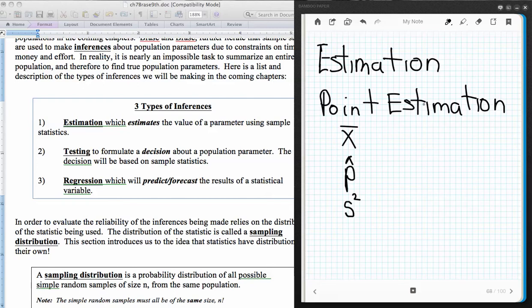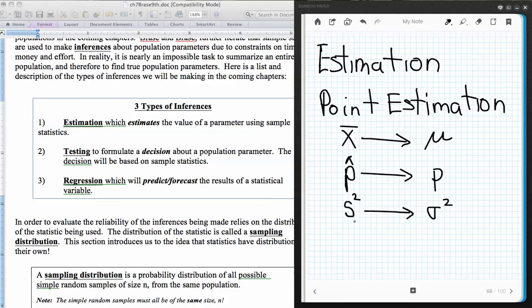So these point estimates are nice, right? The x bar gives you an estimation for the population mean, mu. P hat gives you a point estimate for the population parameter p, and s squared gives you a point estimate for the population parameter sigma squared.